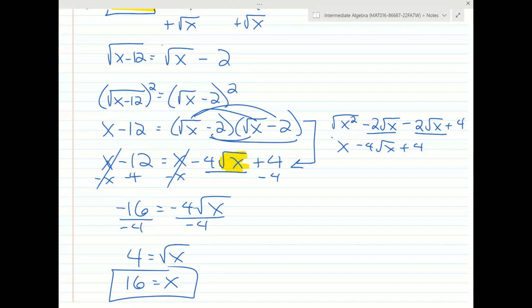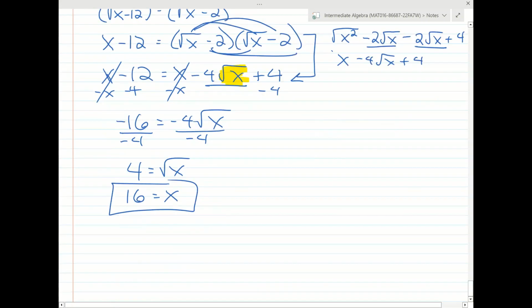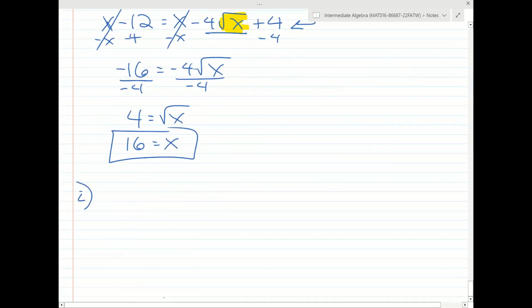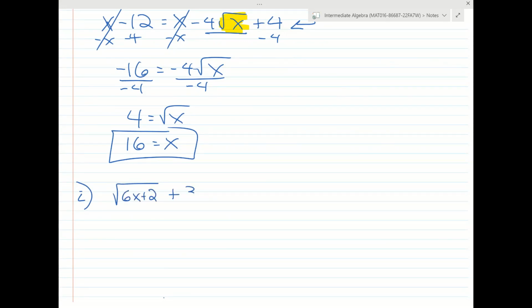We'll do one more problem. Do this one. The square root of 6x plus 2 plus 3 is equal to 8.